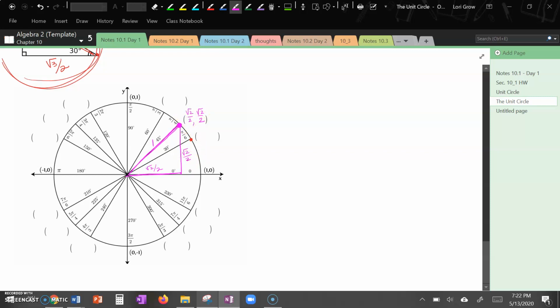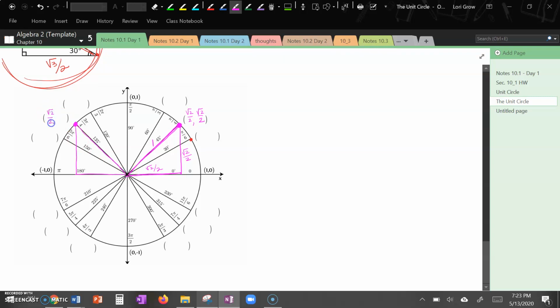Now it depends on which quadrant this point falls in on whether or not those root 2 over 2's are going to be positive or negative. So this 45-degree angle over here, if I was looking at the point out on the circle that this 135-degree angle makes when it intersects the unit circle, I would know that again, I go root 2 over 2 in the X direction, root 2 over 2 in the Y direction if I have a 45, 45, 90 triangle.